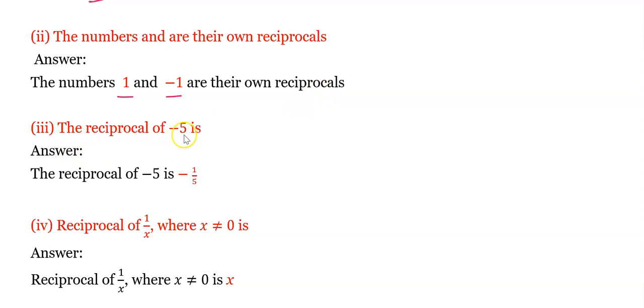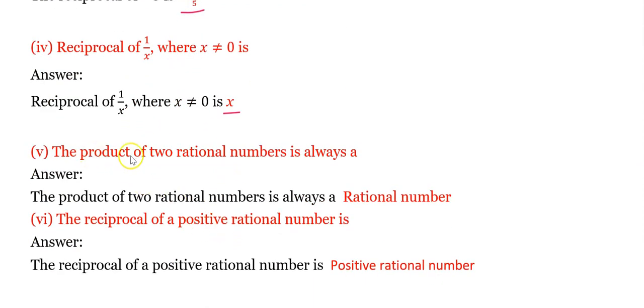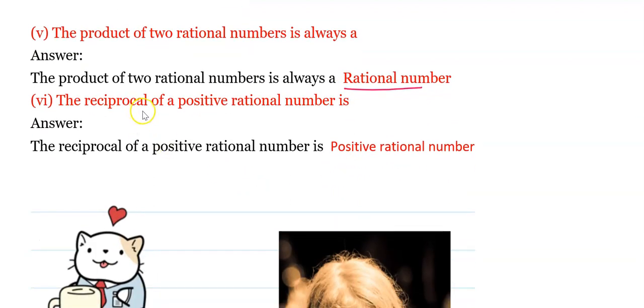The reciprocal of minus 5 is minus 1 by 5. The reciprocal of 1 upon x, where x is not equal to 0, is x. The product of two rational numbers is always a rational number. The reciprocal of a positive rational number is a positive rational number.